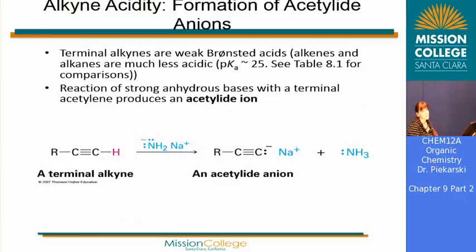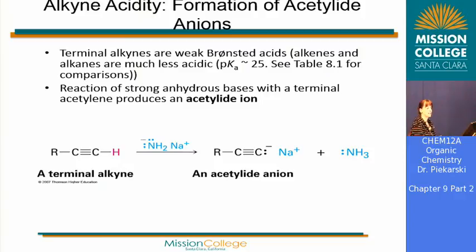And so we use that to our advantage. Like I said, terminal alkynes are weak Bronsted acids. We need a strong anhydrous base. Remember, anhydrous means just without water. With a terminal acetylene to produce what's called the acetylide anion. You need to know that word. You need to be able to say it and spell it properly. Okay? You can't use sodium hydroxide here.